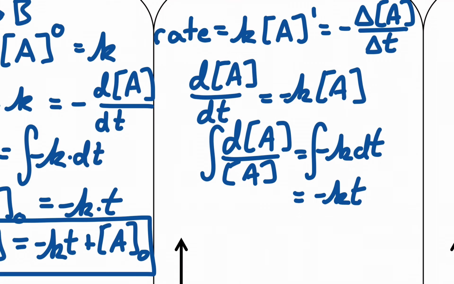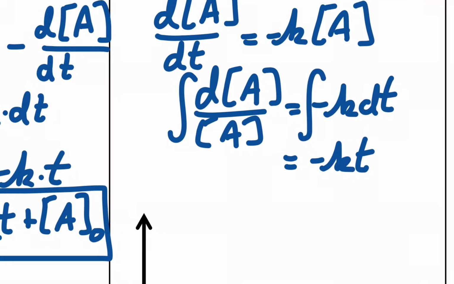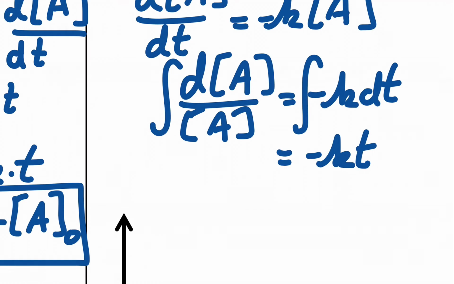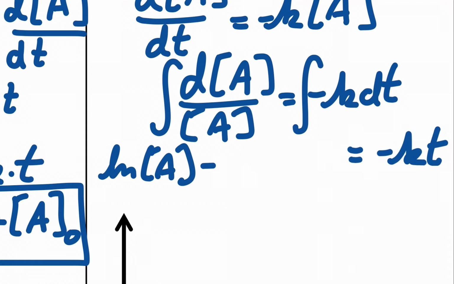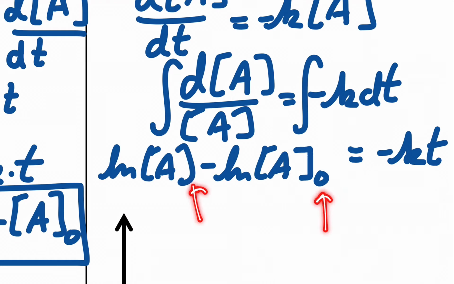Here I have the integral of 1 over A with respect to A, and that turns into the natural log of A for reasons that I'm not going to go into in this class. See your math class for more information. But that means I'm going to have the natural log of A minus the natural log of an initial A. It's always bounded from t0 to some t.